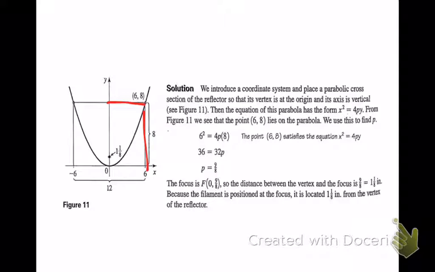So your focus is at 9/8. The distance between the vertex and the focus is 1 and 1/8. Because the filament is positioned at the focus, it is located 1 and 1/8 inches from the vertex of the reflector.